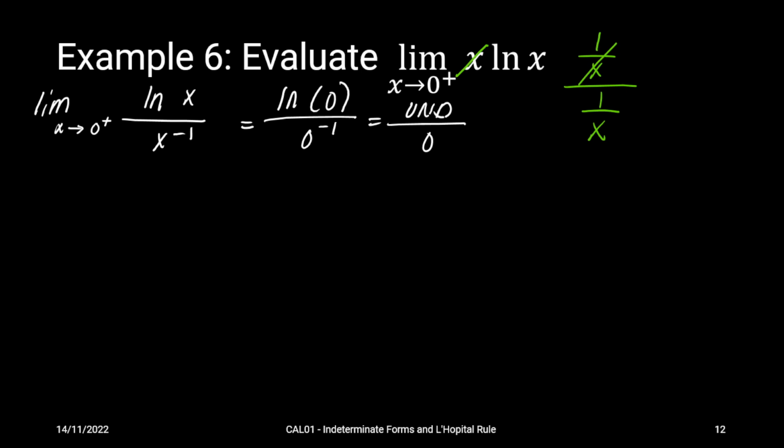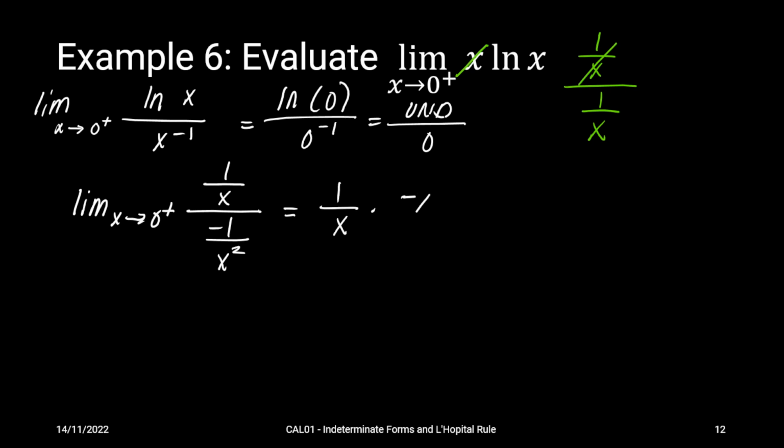So let's apply L'Hopital's rule, no. So we have the limit as x approaches 0 from the right. The derivative of ln x is 1 over x, 'di ba? So over the derivative of x raised to negative 1 is negative 1 over x squared. Okay? So simplifying, this is equivalent to 1 over x times negative x squared, no?